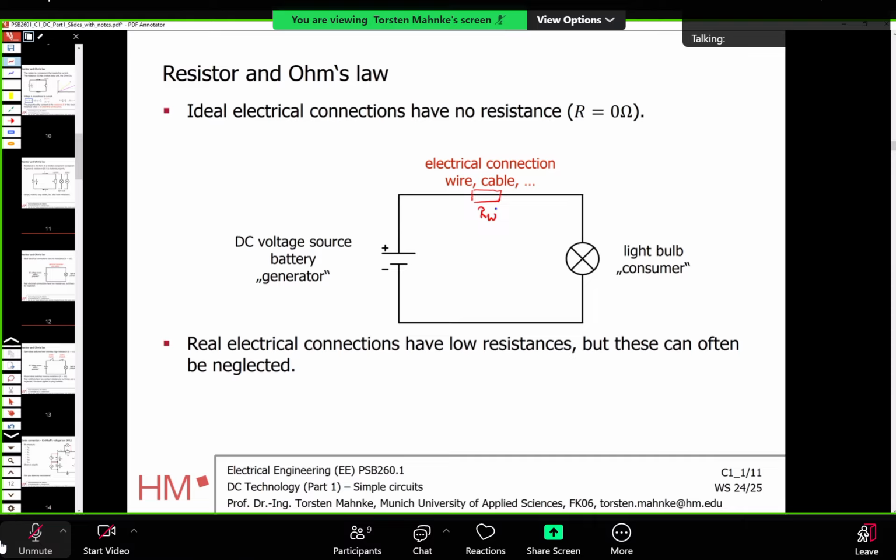I mean, the idea behind these simplified diagrams is always that we only show what we're interested in, only the relevant things. If these parasitic effects become relevant, we have to show them. And we have to take them into account in any calculations.